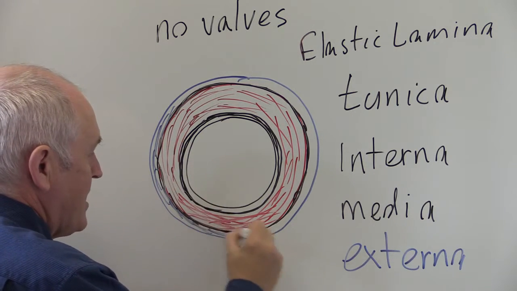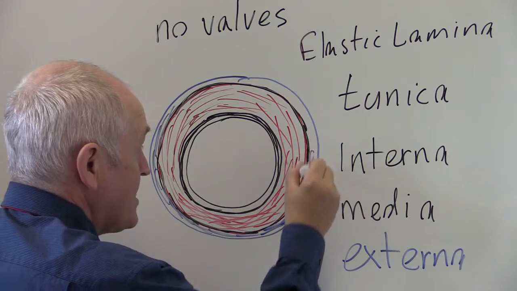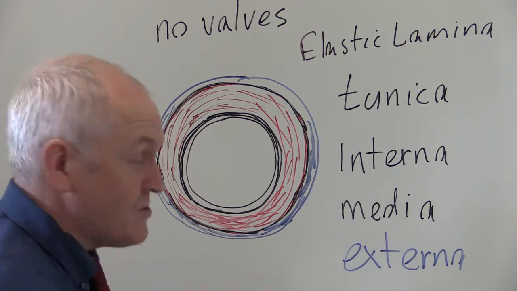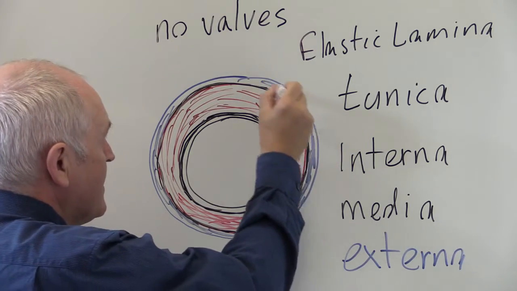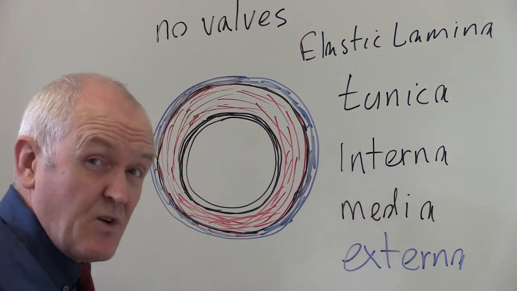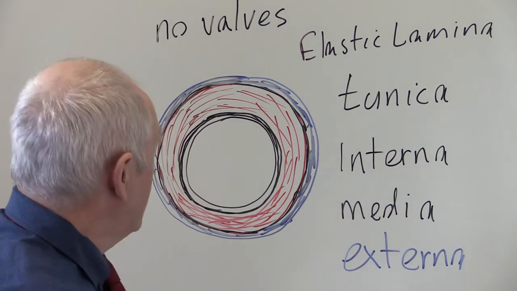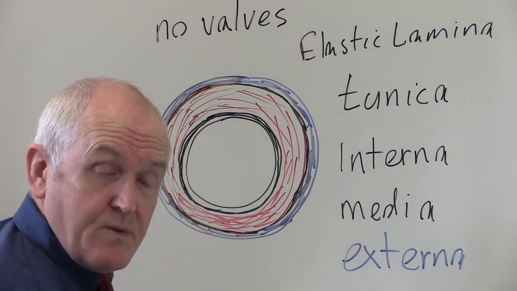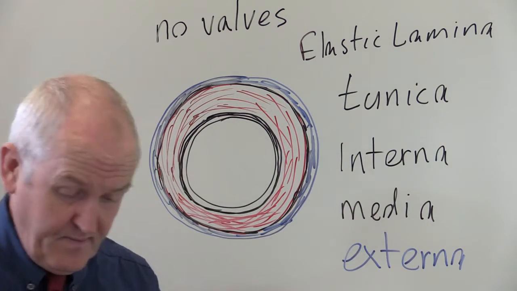And the externa is largely elastic tissue and collagen. And in the large arteries especially, there are some small blood vessels to nourish the arterial wall, and some nerve connections as well, because arteries are actually quite sensitive to pain. When patients have arterial punctures for clinical reasons when they're critically ill, it's quite a painful procedure.